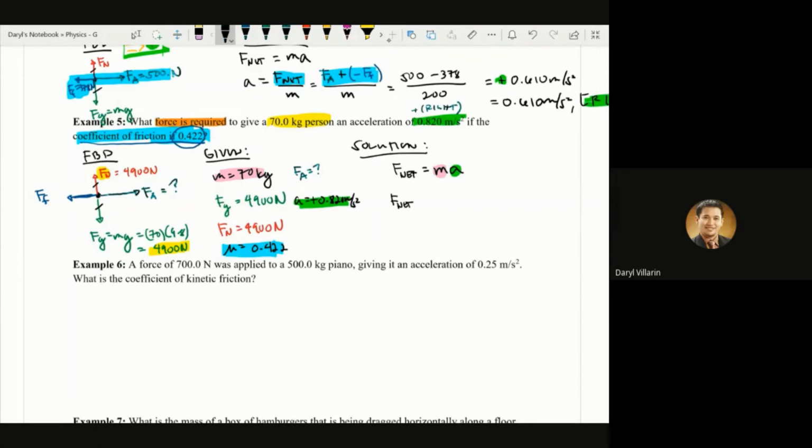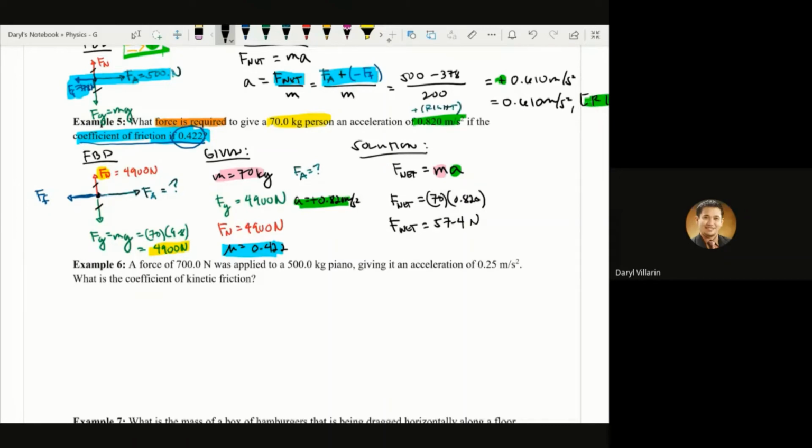That means that the net force is just equivalent to the mass multiplied by its acceleration. The net force is equal to 57.4. So kindly check if, okay.